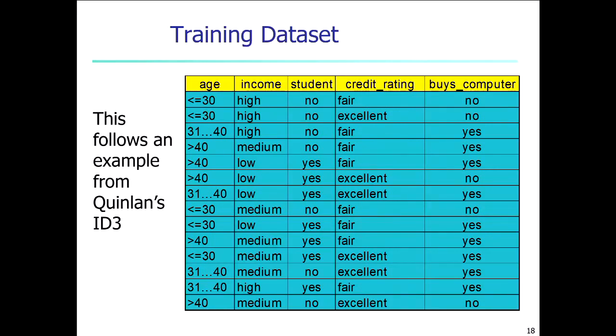So in today's lecture, we will use this example for most of the classifiers. And as you can see, these are the attributes, and this is what we are going to predict. Forgive my terrible handwriting.